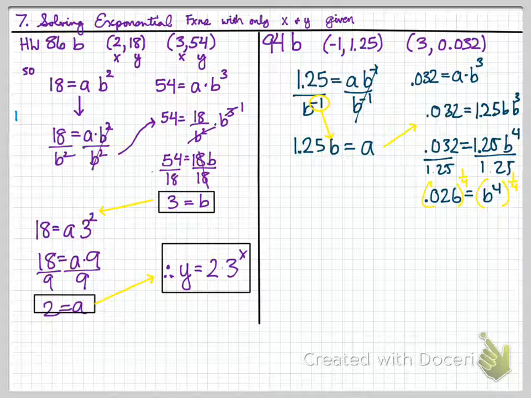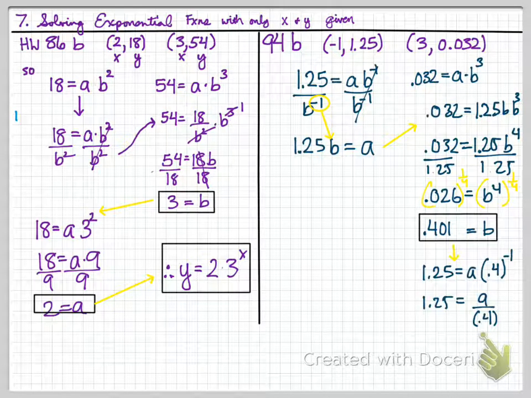So we balance that out by doing our fractional exponents to both sides. The 0.026 is to the 1/4 power, or also known as the 4th root. Now we take that and plug it into our calculator, and you have to have your calculator now to do this, or you can spend a long time doing trial and error. So B is 0.401. We take that B and substitute it back into the first equation.